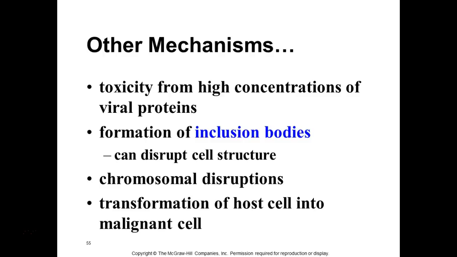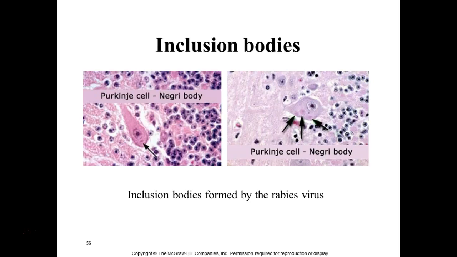There's a particular structure to these viral crystallizations that happen for rabies in the Purkinje cells in the brain. So they can look for that and diagnose that way. It can disrupt the chromosome, and again, the worst case scenario, we have malignant cells.